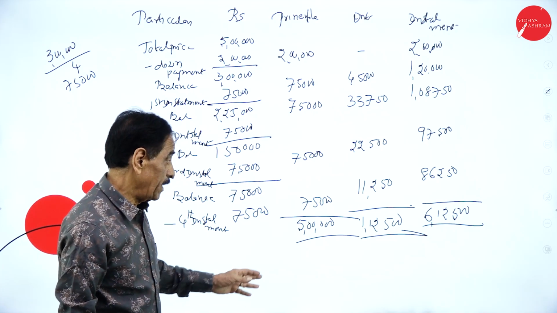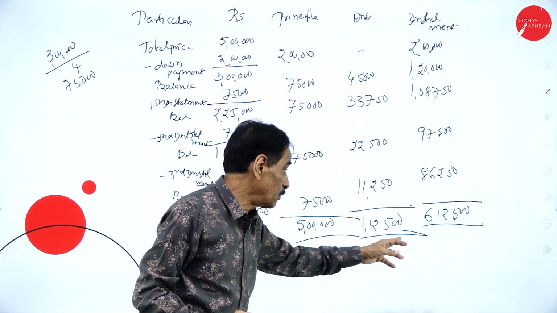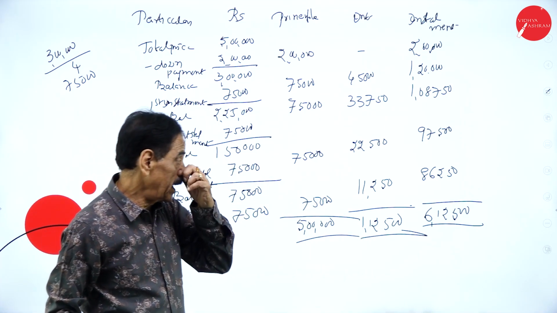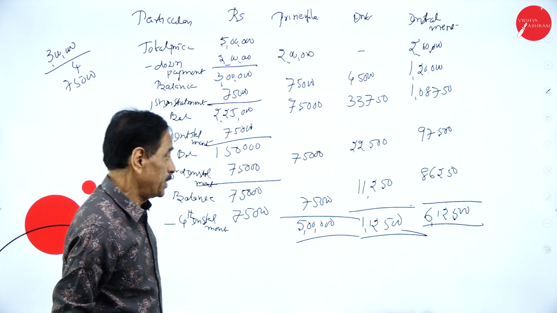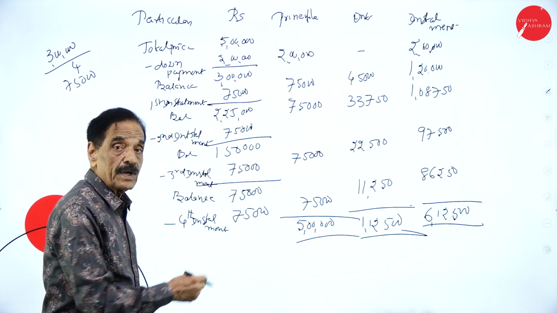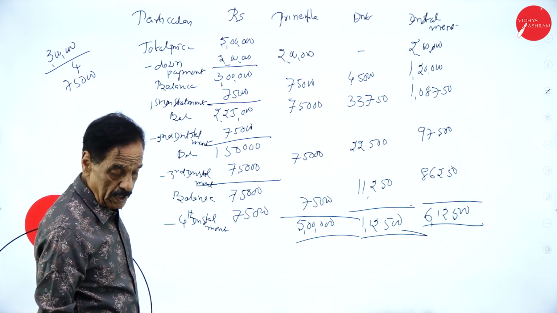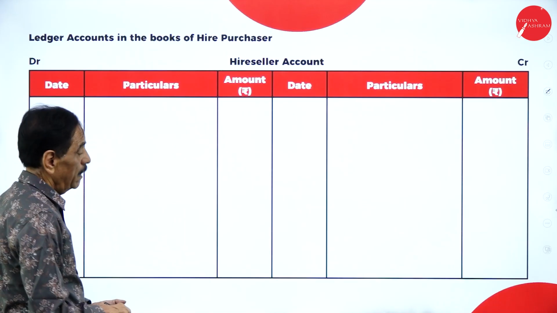Real cash price 5 lakh, interest 1,12,500. Total amount payable in installments is 6,12,500. Extra how much? 1,12,500. We'll move on.